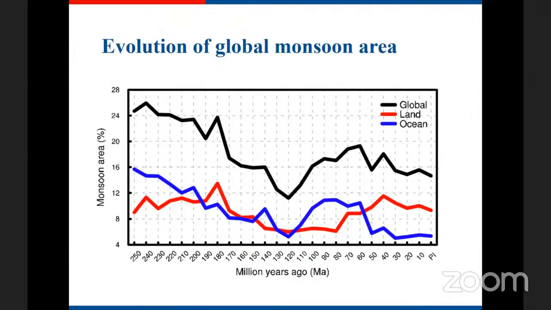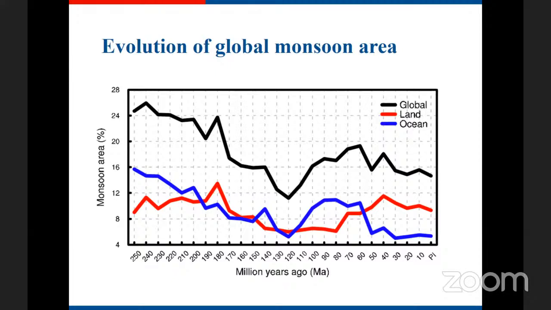Then here I show the time series of the global monsoon area. Let's first look at the black line, that's the global monsoon, including ocean monsoon and land monsoon. We can see at the beginning, the monsoon area is really large, then decreasing together with the continent breaking up.